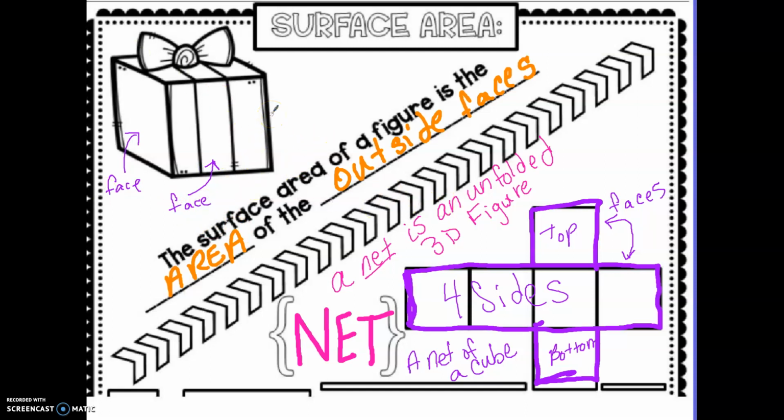So what is the purpose of surface area? Surface area helps us see all of the outside parts, and it's useful because you can find things like the outside of this box. We could look to see how much wrapping paper we would need to wrap this box. So I'm going to write that down.